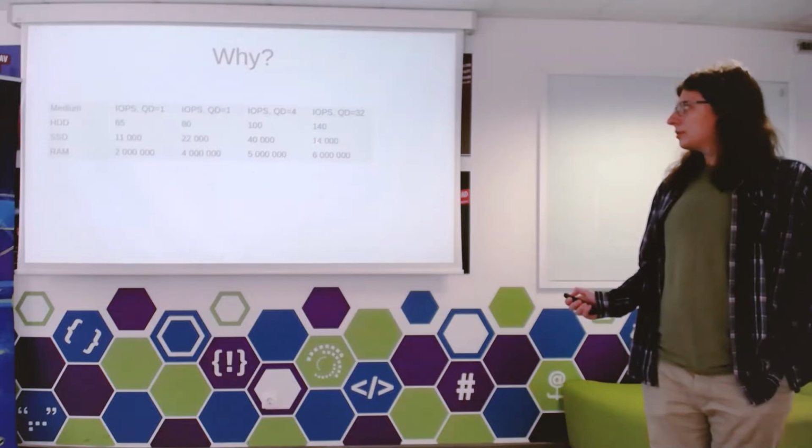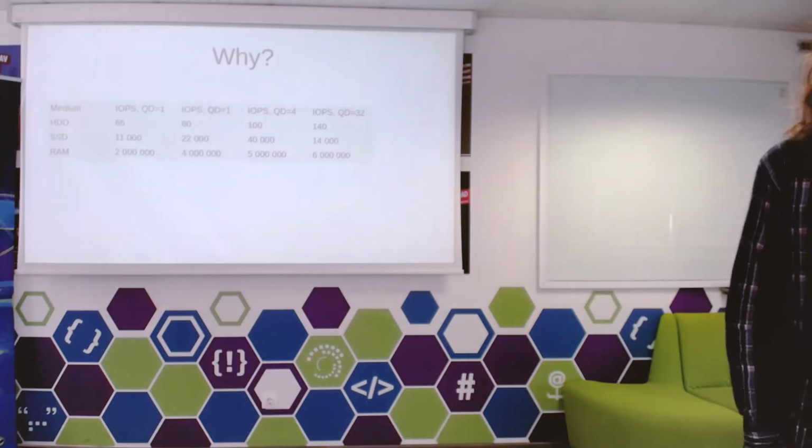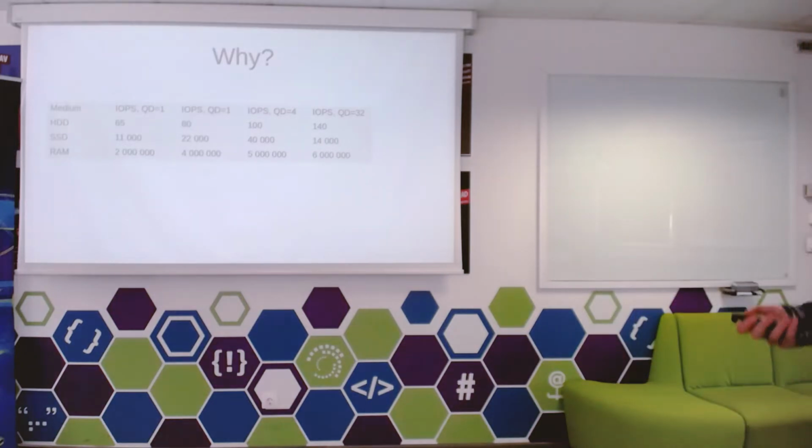Oh, this number is also supposed to be 104,000. SSDs get quite a bit faster, up to a queue depth of around 8 or so. Up to that point, they scale almost linearly. And RAM also scales linearly quite a bit as well, until you reach your memory throughput.